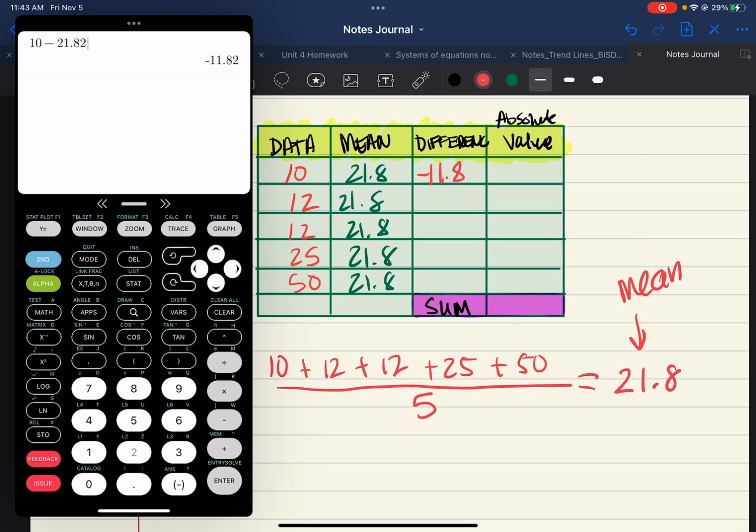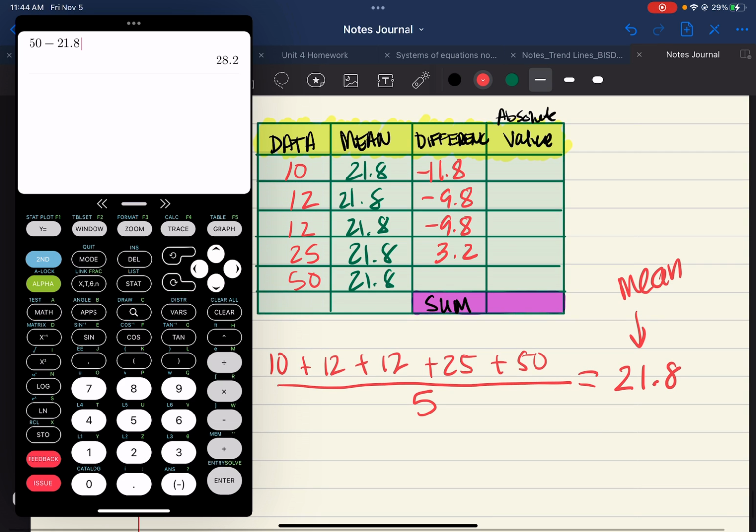Then 12 minus 21.8 is negative 9.8, and we know this next one is the same, negative 9.8. Then 25 minus 21.8 is 3.2. And one more, 50 minus 21.8, is 28.2.